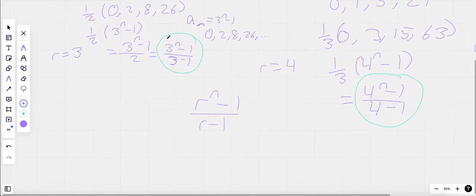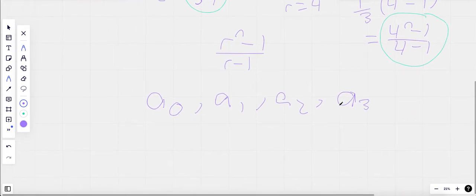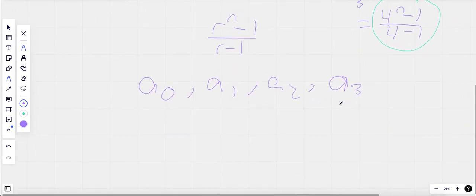So now that we have this, let's go back to our original. And now let's rewrite each of these in terms of this coefficient.